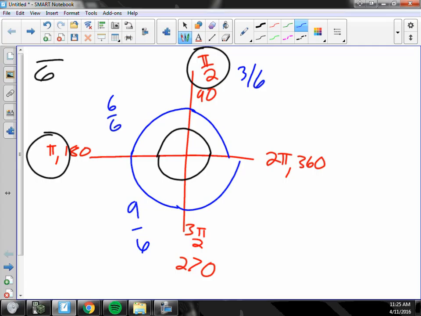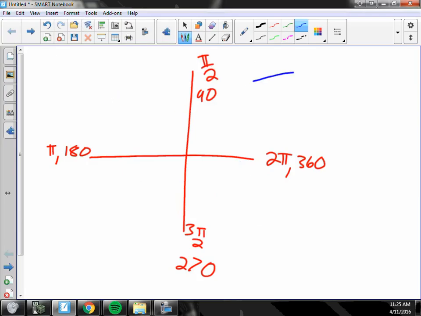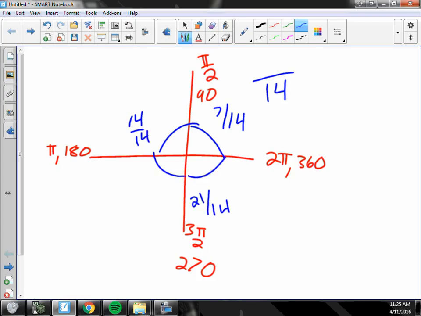How much would that be? 12 over 6. Okay? All right, what if we did 14ths? What would that be? 7 over 14. And this? 14 over 14. And this? 21 over 14. And that? 28 over 14.